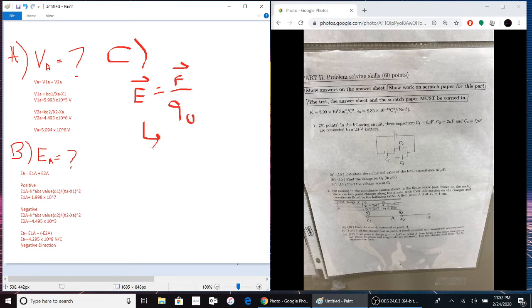And then F equals E times Q. Sorry, that's not Q0, that's just Q.